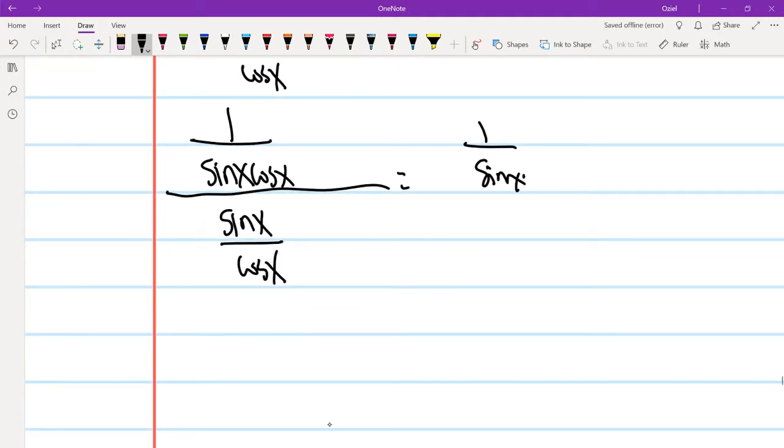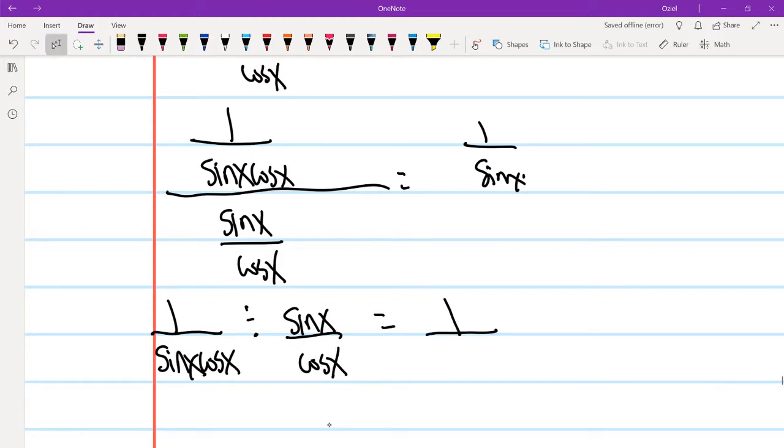So this is exactly like saying 1 over sine of x cosine of x divided by sine of x over cosine of x is equal to 1 over sine of x.